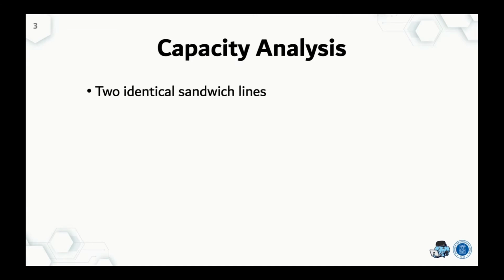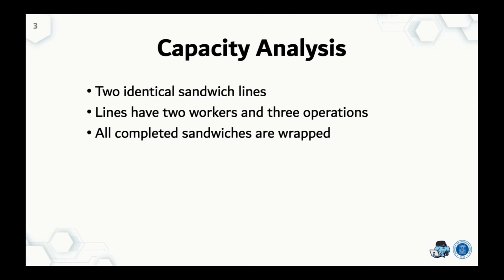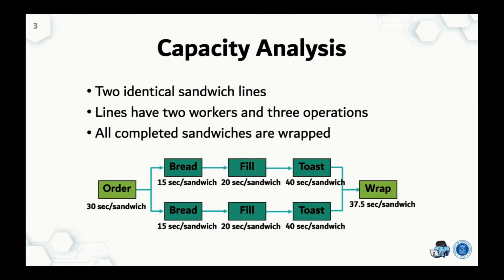Let's take a look further at an example of two identical sandwich lines. As you may see here, there is an ordering process, which is done by one person, and then there are two parallel lines for making bread, filling, and toasting.